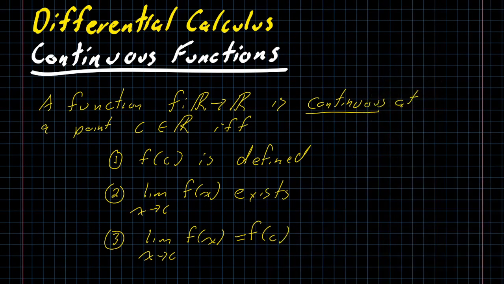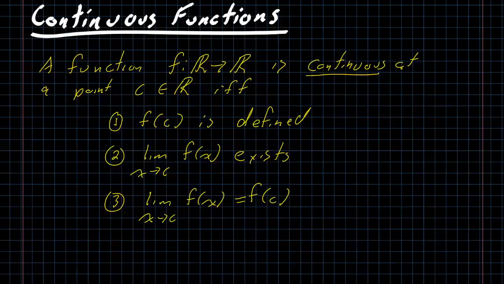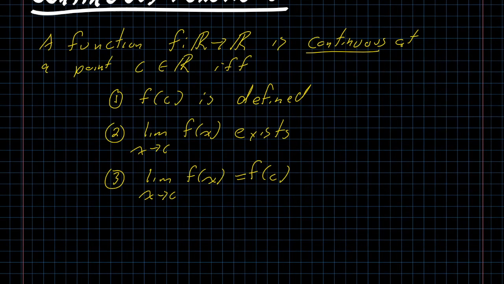Before we get to examples, I do want to extend this definition just a little bit, because continuous at a point is kind of nonsensical from the definition of continuity that you learned in your previous courses, right? The function is continuous if you can draw its graph without lifting your pencil. If we only have continuity at one point, that's nonsense.